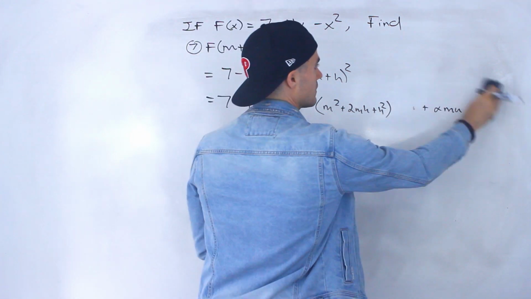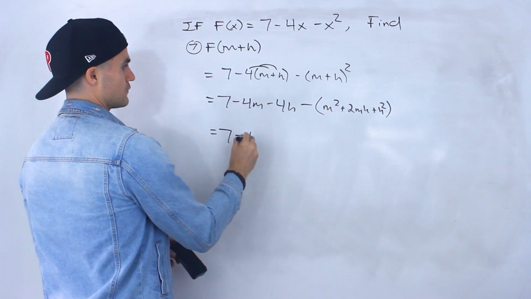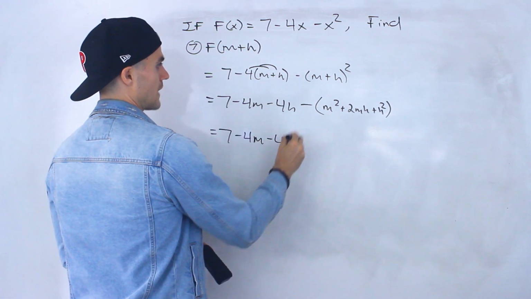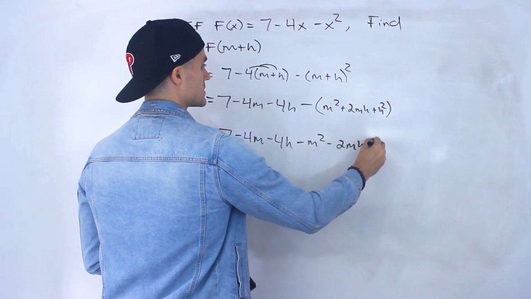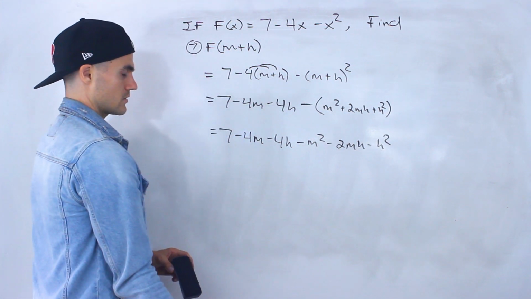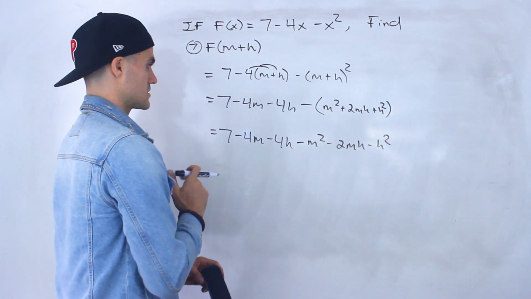Let's erase this here. And then let's distribute that negative inside the bracket: negative m squared minus 2mh minus h squared. So let's simplify some like terms. Actually, there's no like terms to simplify.